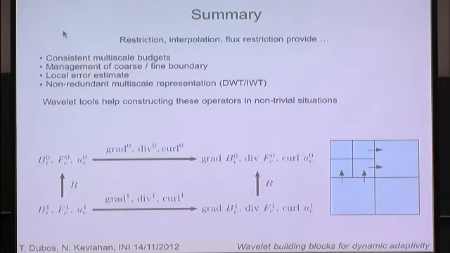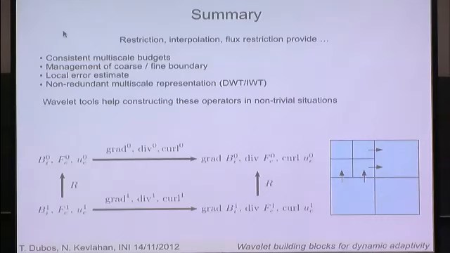Okay, so I'd like to summarize. The building blocks I've been using are restriction, interpolation, and flux restriction operators. They provide consistent multiscale budgets. That's trivial to achieve in AMR. They manage coarse-fine boundaries.